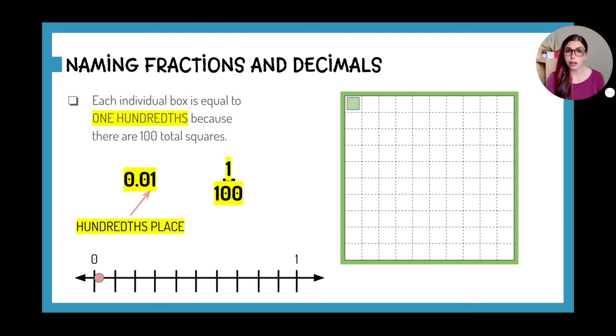Notice there's a 0 in the tenths place because I don't have any tenths, but I put the 1 in the hundredths place because I have 1/100th. And I write that as a fraction with 1 as the numerator and 100 as the denominator. So 1/100th. And the pink dot on my number line is super close to the 0 because I only have 1 small hundredth colored in that entire 1.